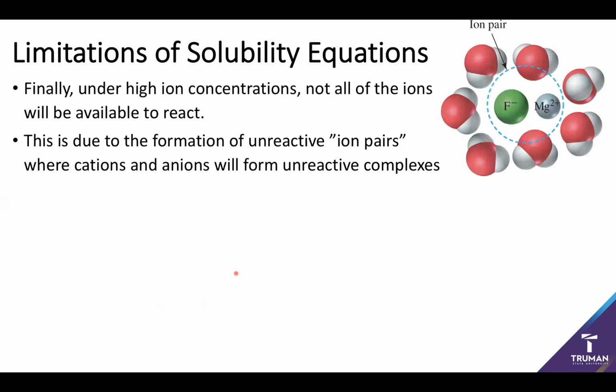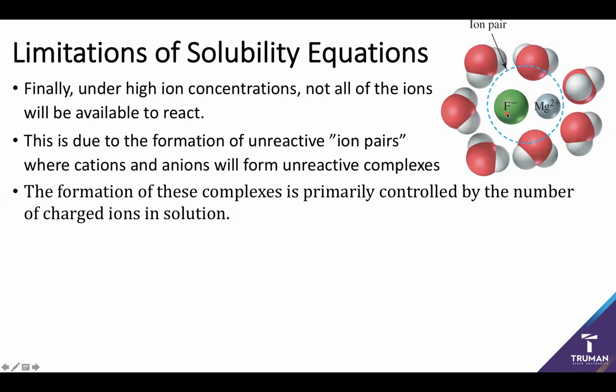So they aren't truly bound, but what happens is we have this cation and anion, which just kind of end up hanging out together, don't really want to go anywhere because it's cozy and they're talking to someone and they're surrounded by water. And so this ion pair essentially reduces the available amount of these free ions to form solids. So it essentially reduces the effective concentration.